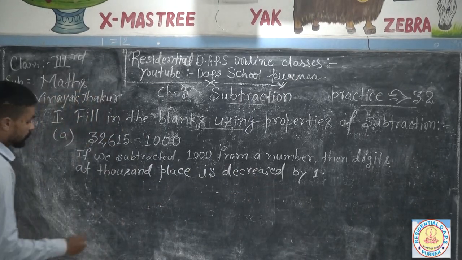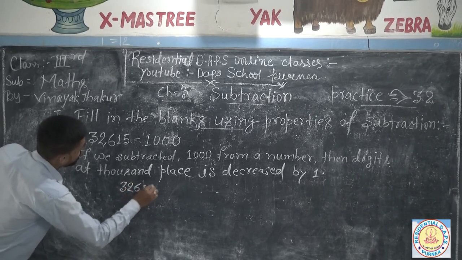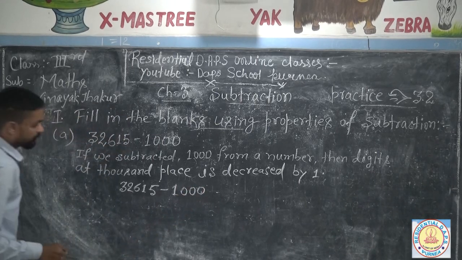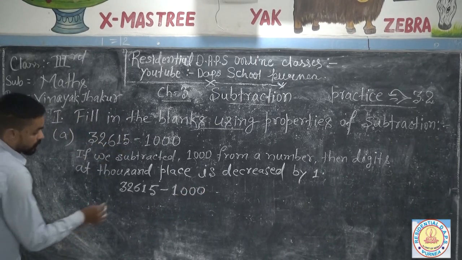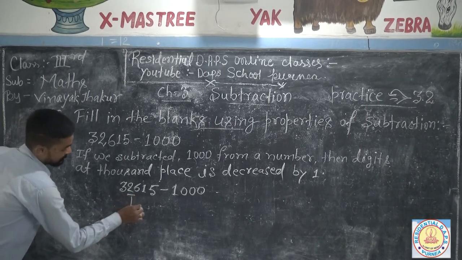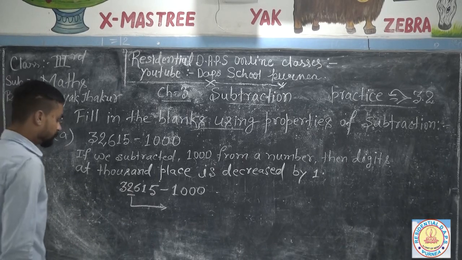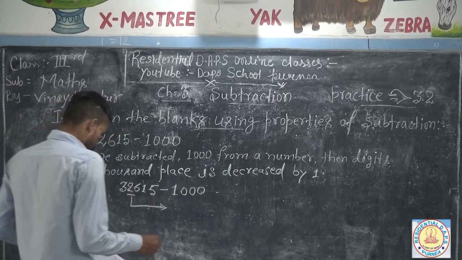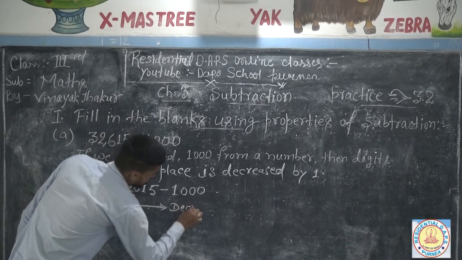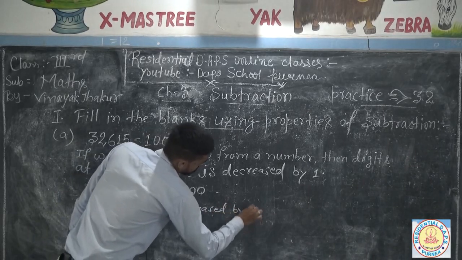Like that, your number is 32,615. If you subtract 1,000, its thousands place 2 is decreased by 1.